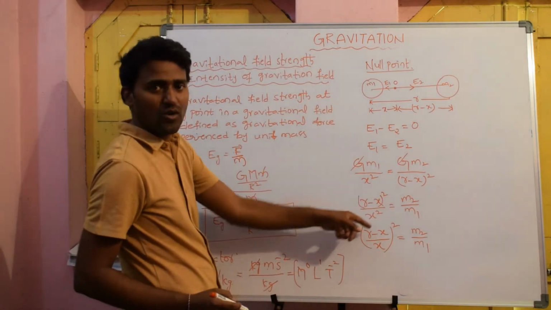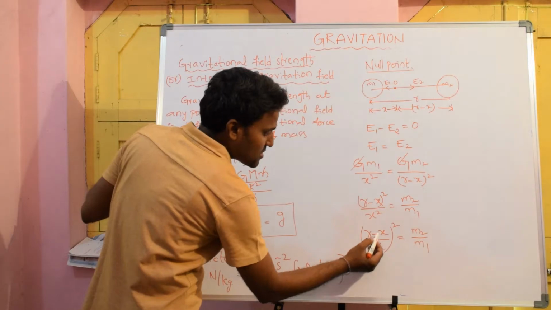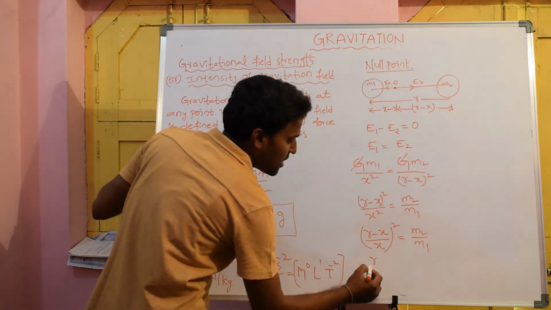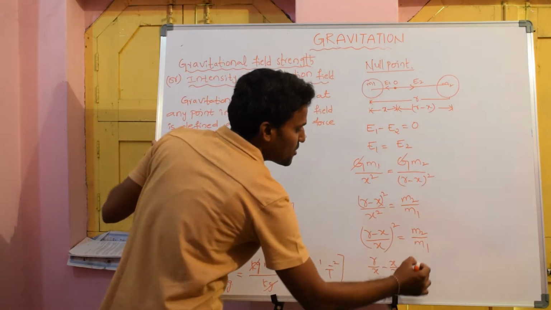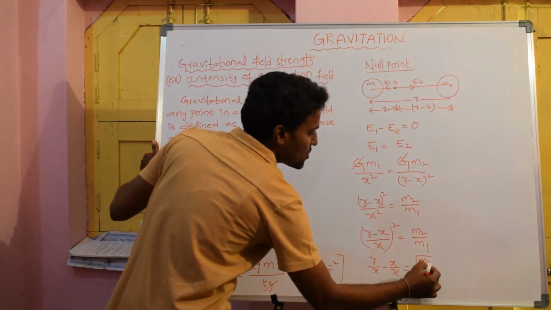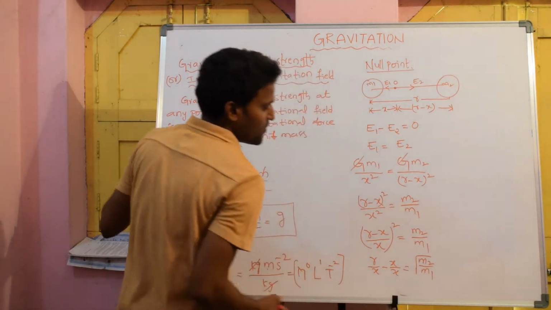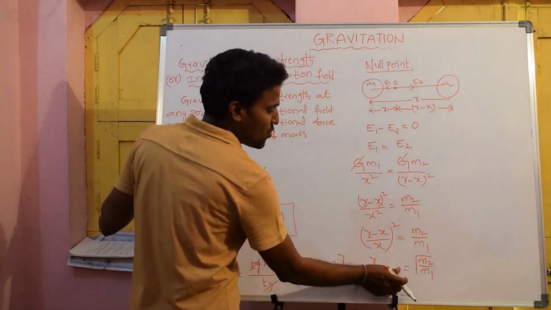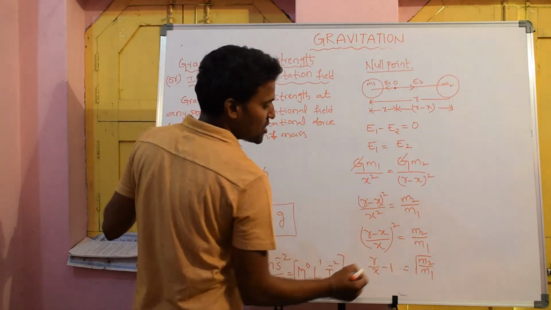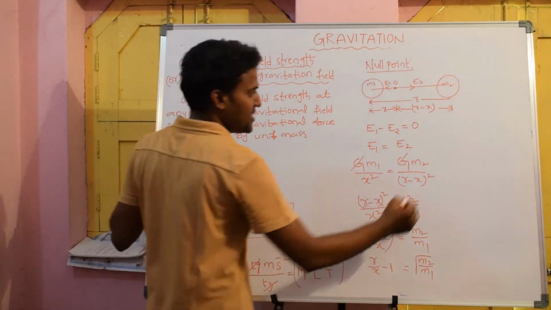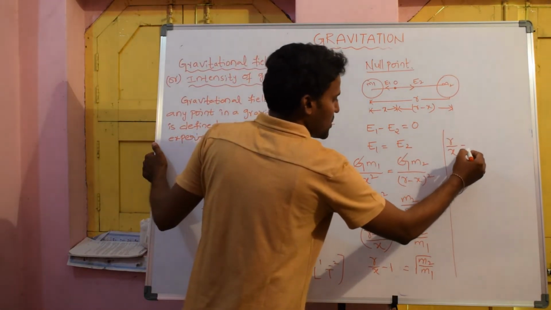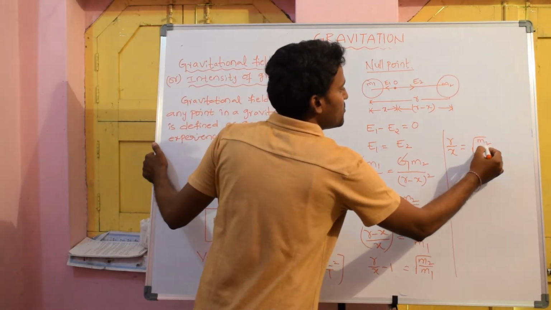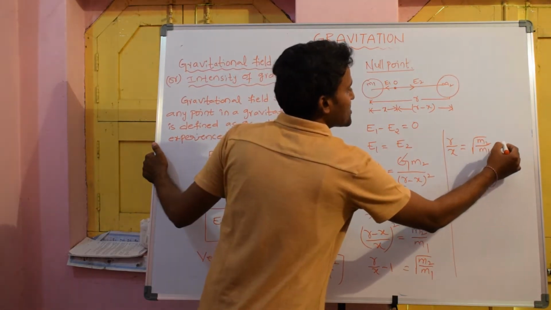Taking the square root, R by x minus x by x is equal to root of M2 by M1. x by x is equal to 1. If I take that 1 to that side, what you can get? R by x is equal to root of M2 by M1 plus 1.